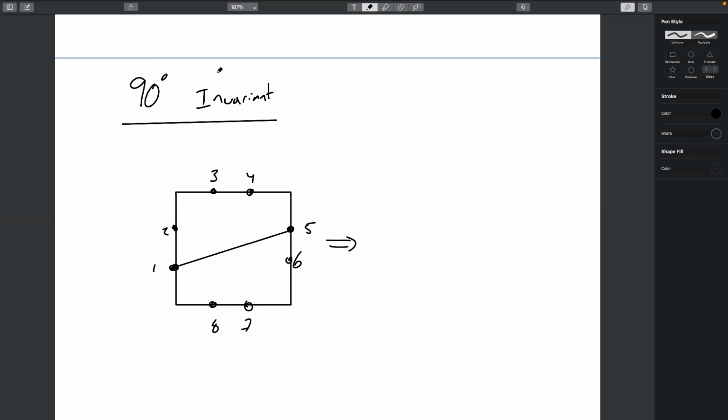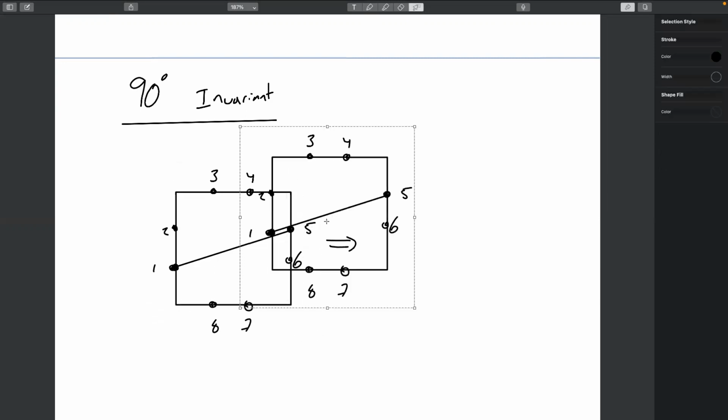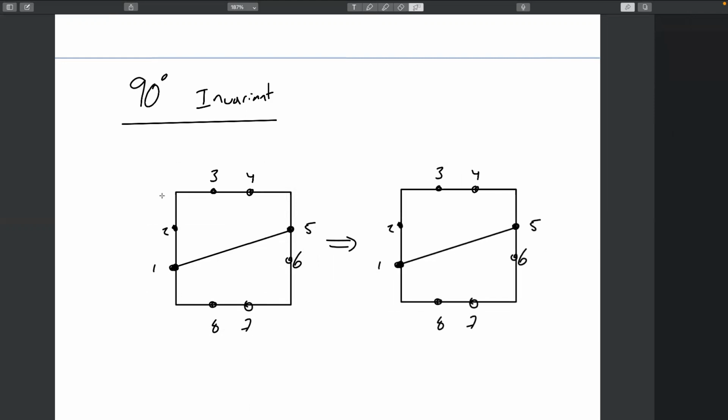Oh, okay, yeah. So if it is going to be 90-degree invariant, then we already know some other things, right? So if I'm going to take this and rotate it 90 degrees, it's going to have to look the same. Can anyone tell me something else that also has to connect to something else?